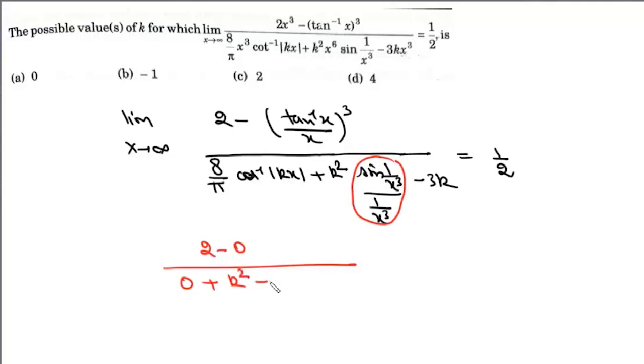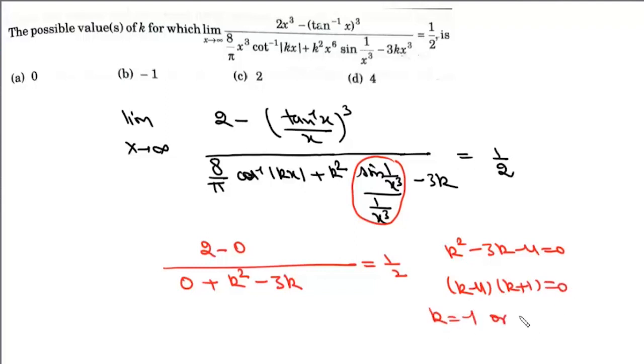So it will be this k square minus 3k, that is equal to 1 by 2. So from here we can write k square minus 3k minus 4 equals 0. So it will be k minus 4 into k plus 1 equals 0. So value of k is either minus 1 or value of k is 4. That means the possible values are minus 1 and 4.